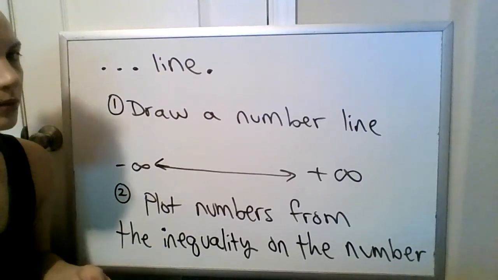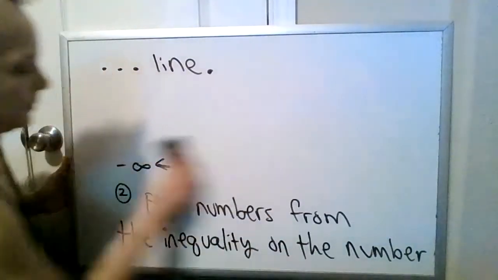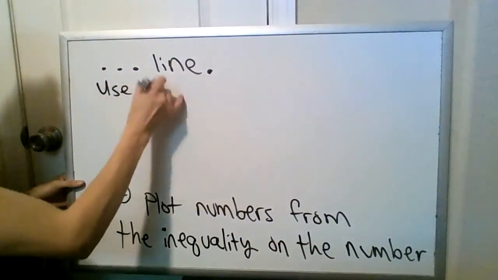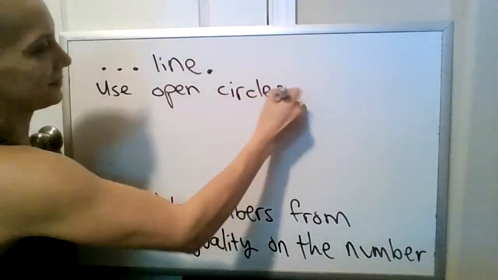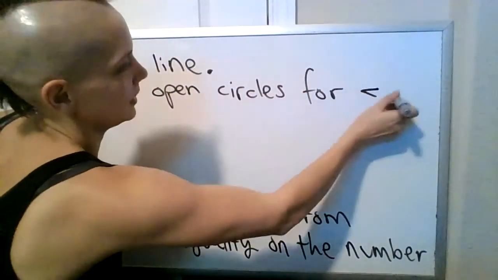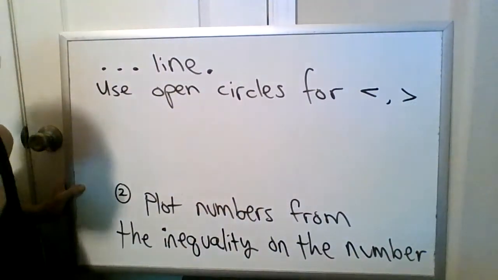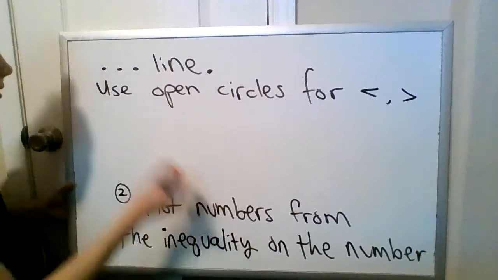Use open circles for the strict inequalities, this one and this one. Use a closed circle for less than or equal to or greater than or equal to.